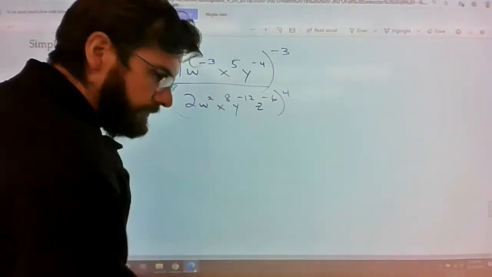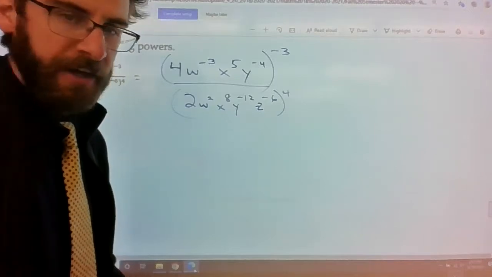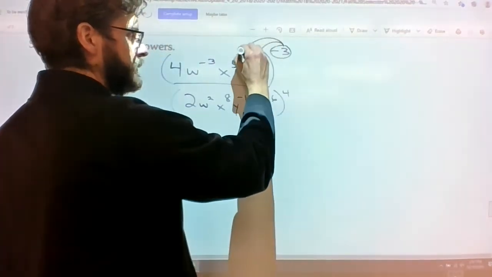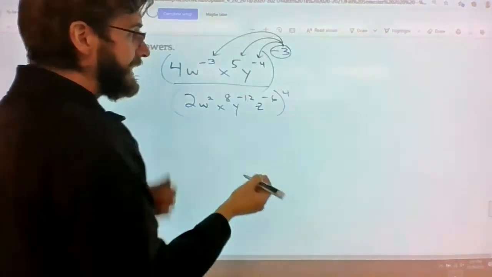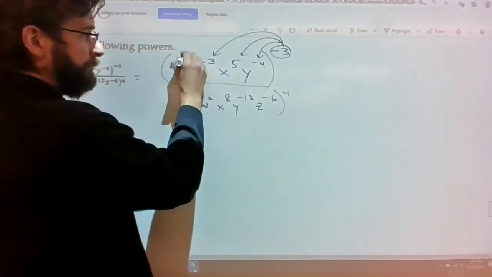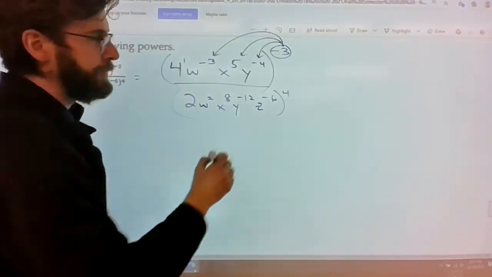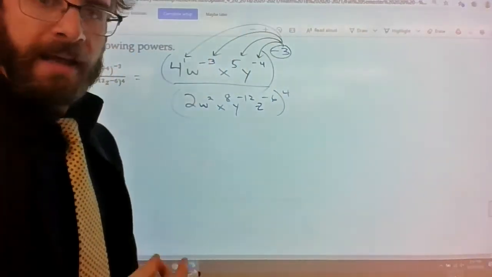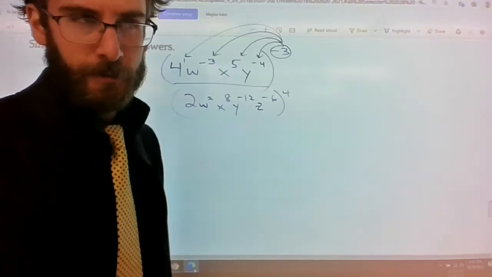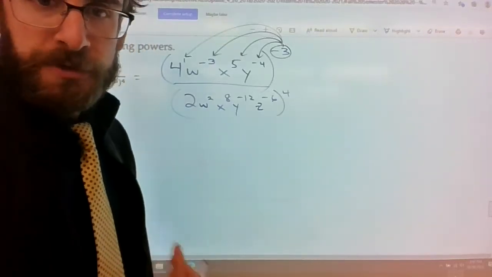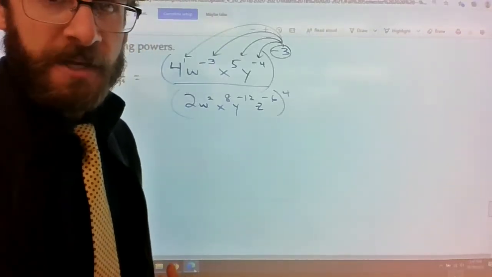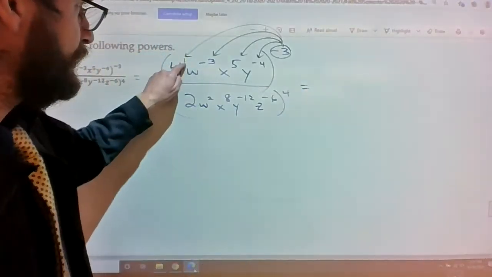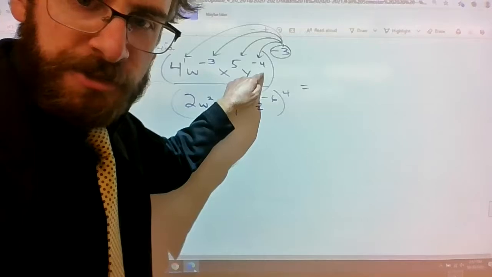All right. Just make sure you're distributing that negative exponent to all these parts and to the 4 as well. Remember, the 4 has a 1 as its exponent. Now, what I mean by distribute it is multiply the exponents times negative 3. So if you know your vocab, these little numbers here, those are the exponents.